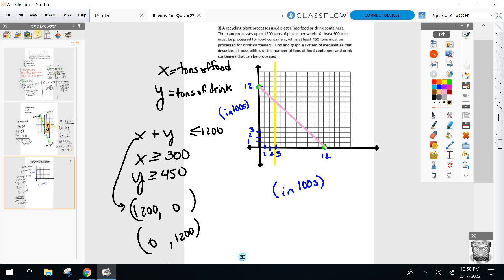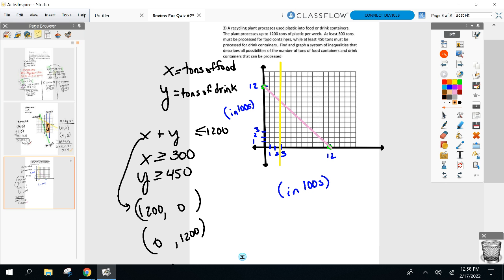All right, how about the shading here? You can still plug in 0, but it only doesn't work if it's a vertical line going through 0, 0. You pick a new point. Is 0 greater than 300? Nope.